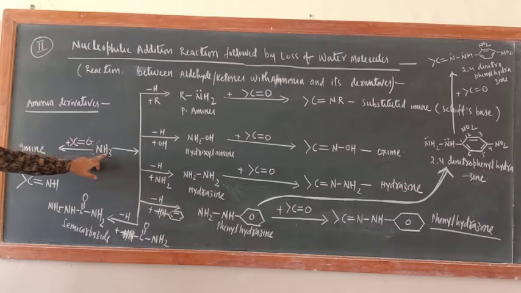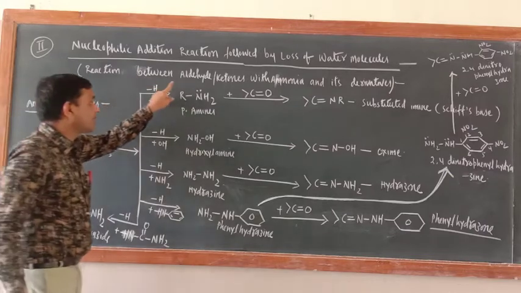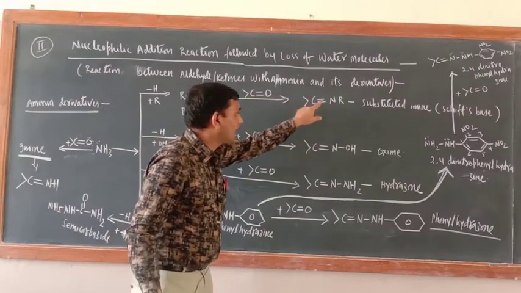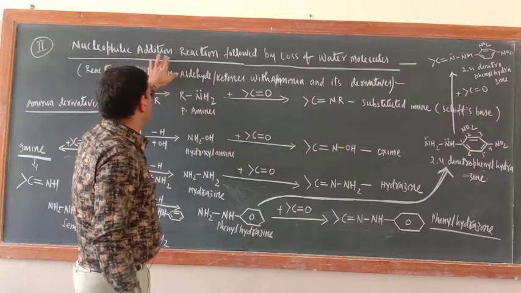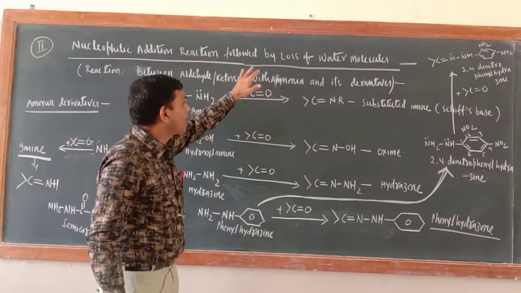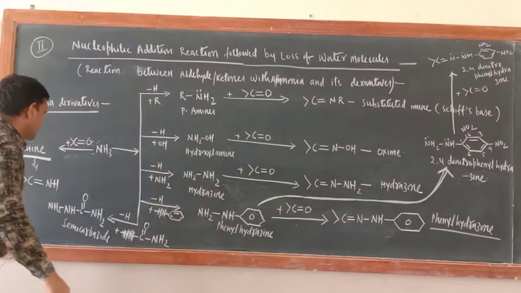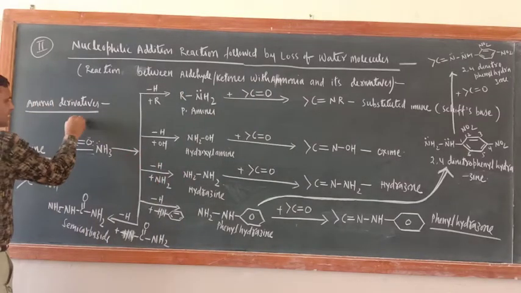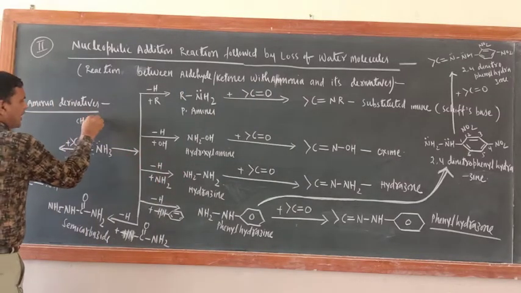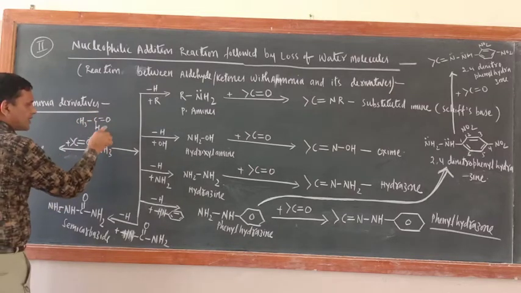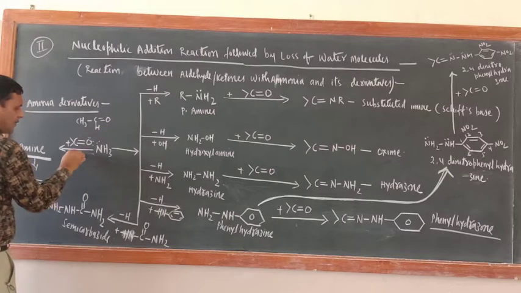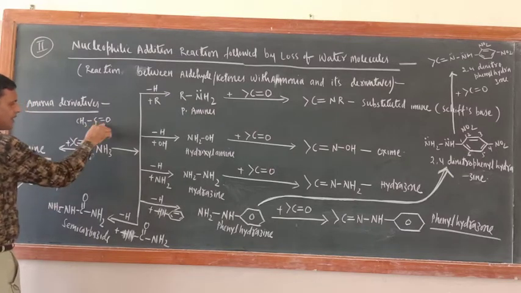Just replace 2H from here, and what is the name of the reaction? Reaction between aldehydes and ketones with ammonia and its derivatives. And here what is written? Nucleophilic addition reaction followed by loss of water molecule. So just see, aldehydes and ketones both have that formula. So H2 of this one and O of this one, minus H2O, will be there.